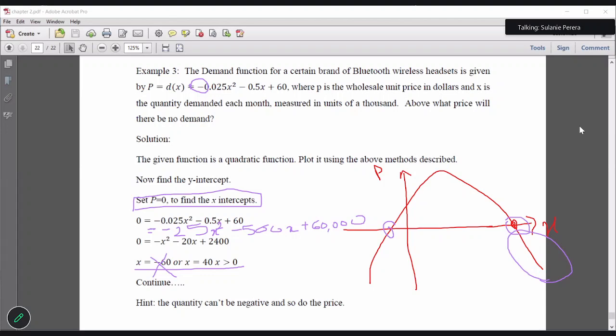Beyond this, this is the maximum quantity demanded. So x equals 40 is the maximum quantity demanded, and when x is 40, the price is 0.